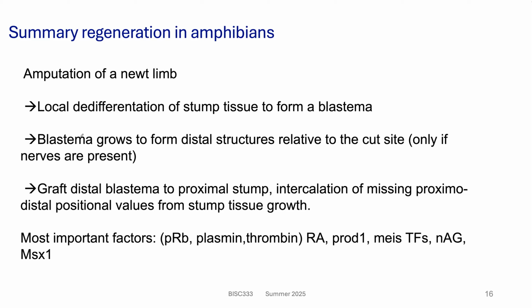The cells from the proximal side are doing all the heavy lifting there. In all the different kinds of experiments where there's been some kind of amputation, from the cut site in general, we see only more distal structures being formed.